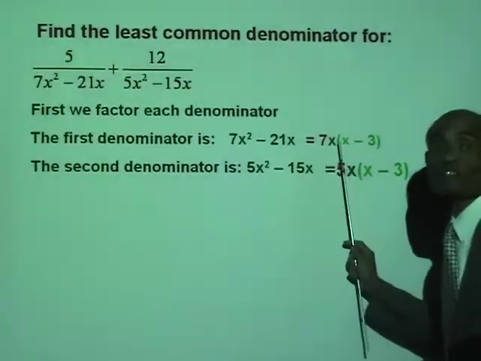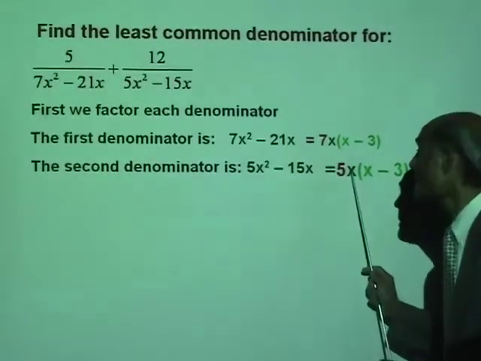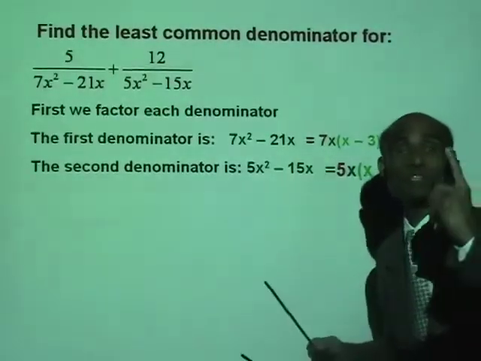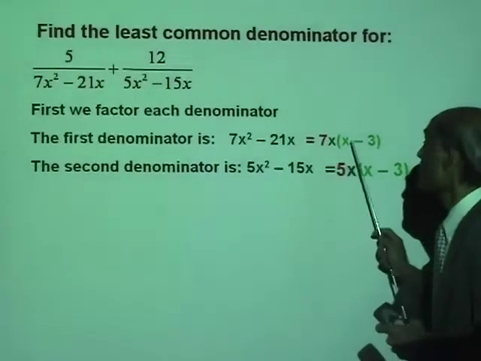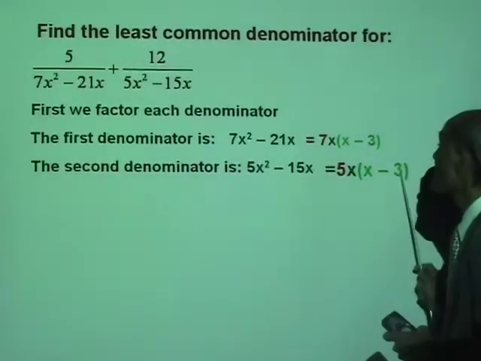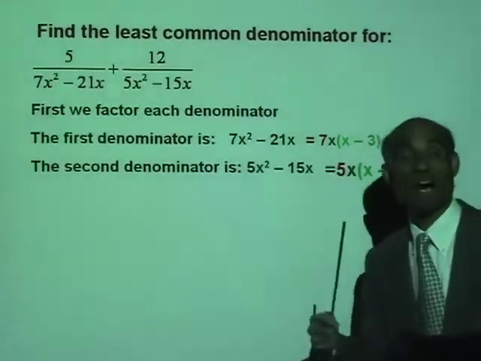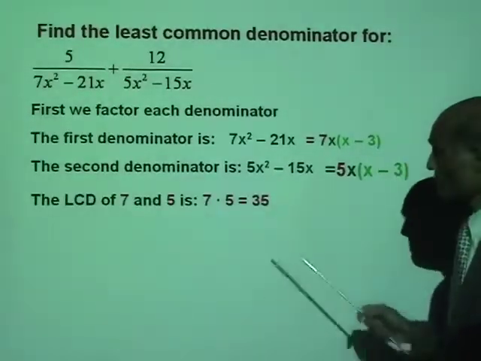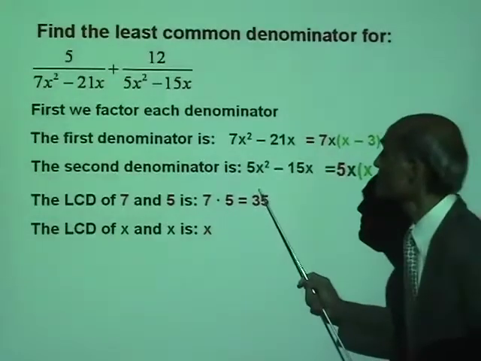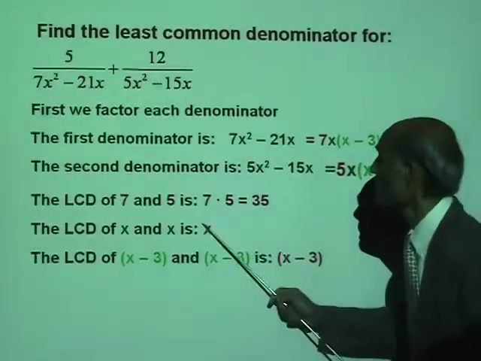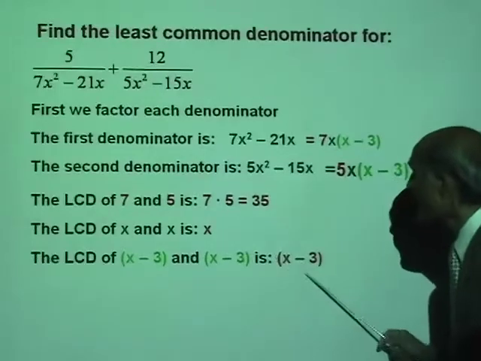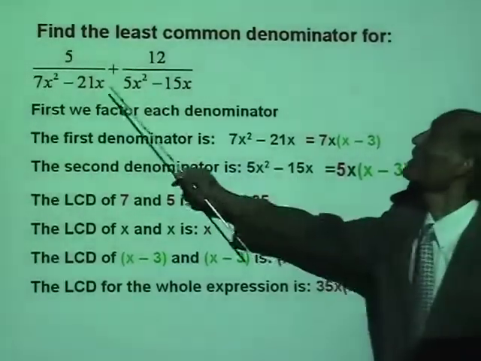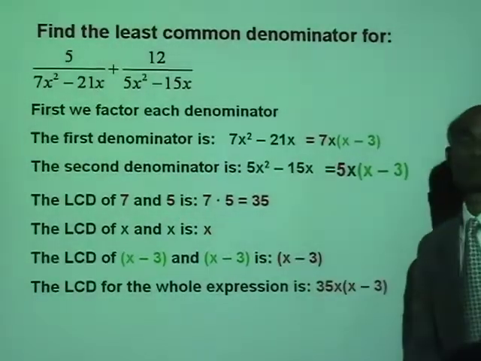Tell me, what is the LCD of x and x? They are the same factors. So you just pick one, which is x. Similarly, x minus 3 and x minus 3 are the same factors. So you just pick one. There you are. So the LCD will be 35x times x minus 3. And that is the LCD of this denominator.